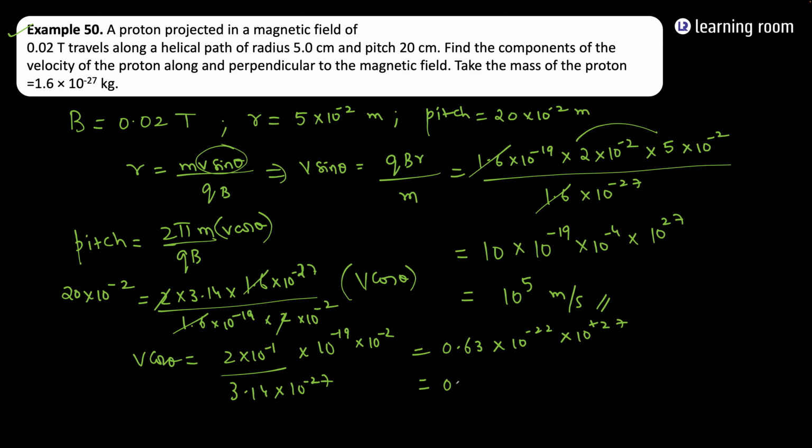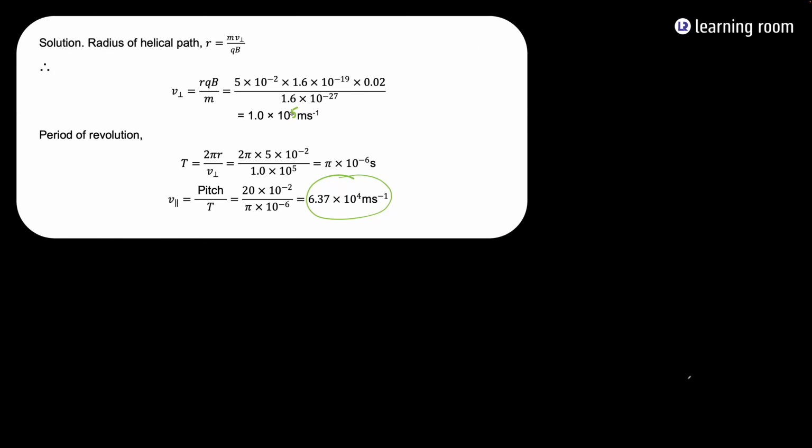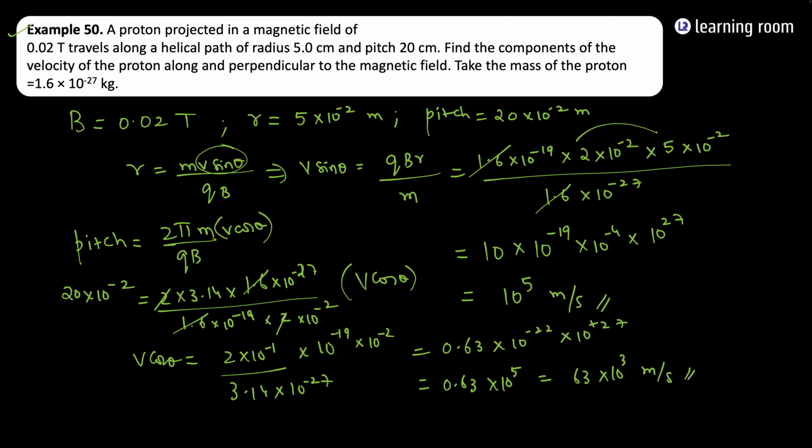So the answer will be 0.63 into 10 power 5, or 63 into 10 power 3 meter per second. Is the point clear? Shall I proceed?